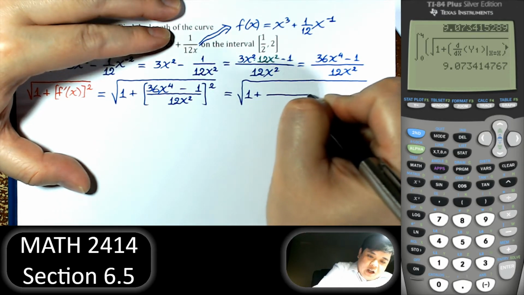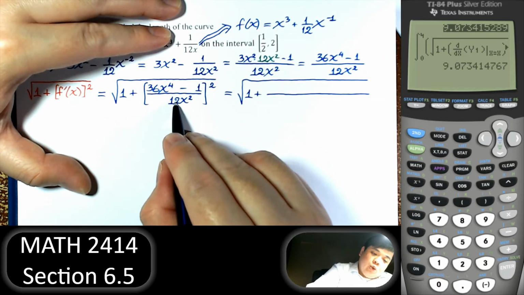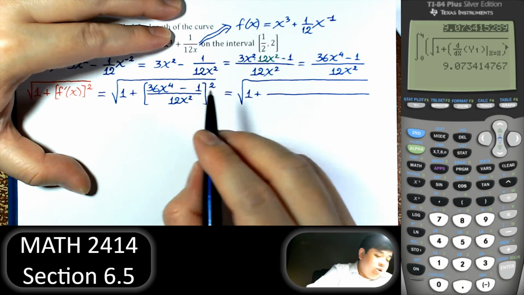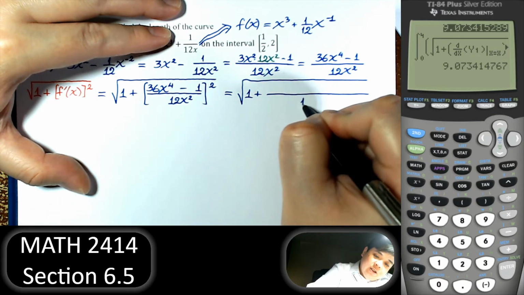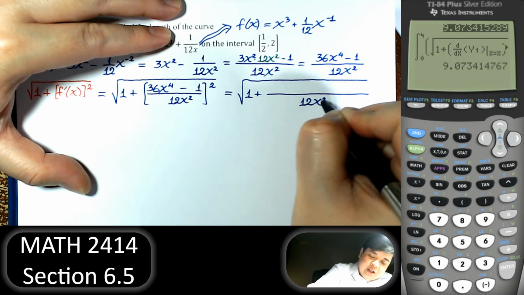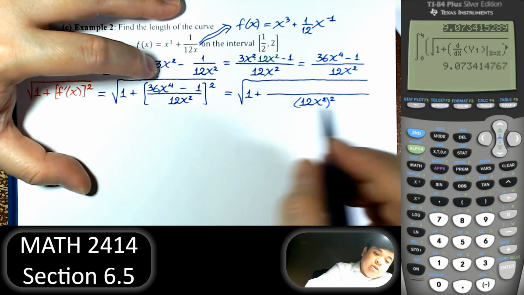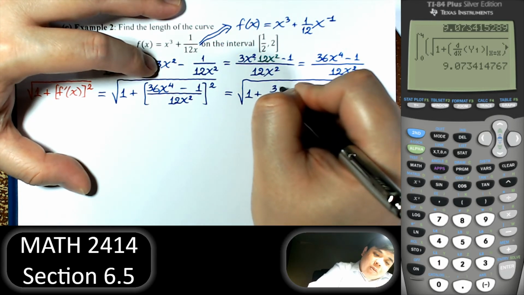So we square the top and square the bottom. Squaring the bottom, 12 squared will be 144, so I'm just going to say 144x squared. And the square of the top is multiplied by itself.